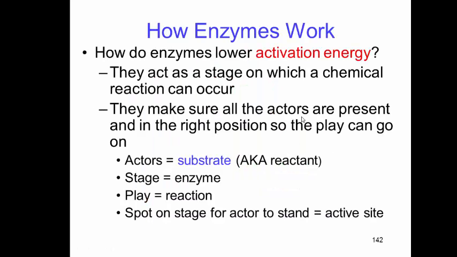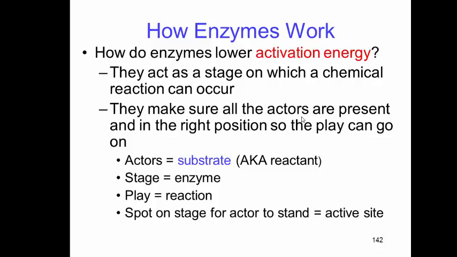So how exactly do enzymes lower activation energy? I use a little analogy to describe this. Think of an enzyme as a stage on which a chemical reaction can occur. And so the chemical reaction is sort of like a play, and this play is happening on a stage, the stage being the enzyme.